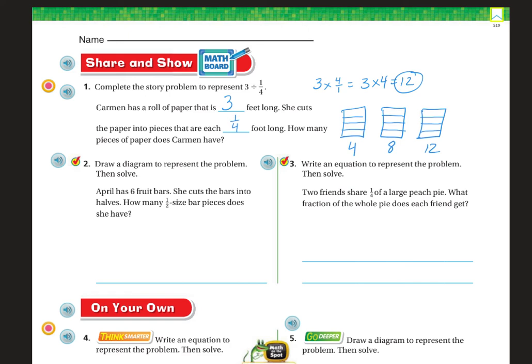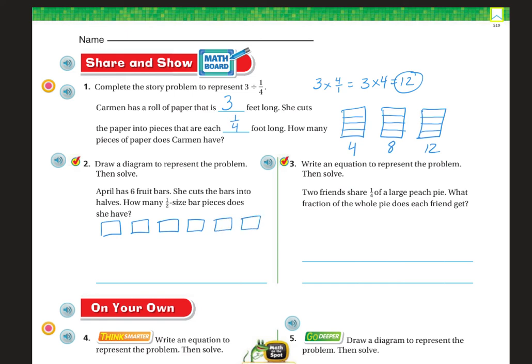Let's take a look at number 2. Draw a diagram to represent the problem, then solve. April has 6 fruit bars. She cuts the bars into halves. How many half-size bar pieces does she have? She has 6 fruit bars, so we draw 6. 1, 2, 3, 4, 5, 6.